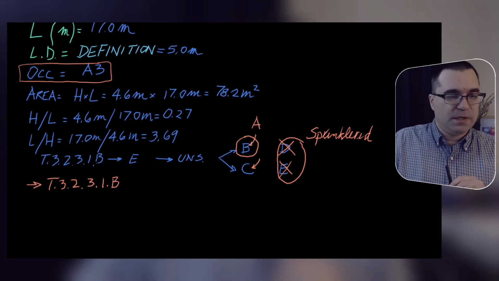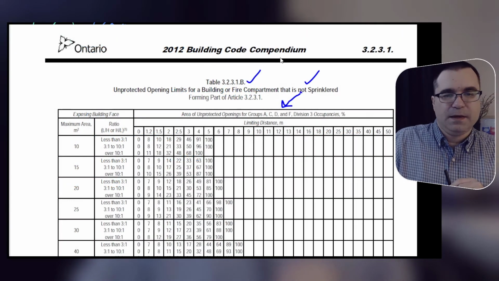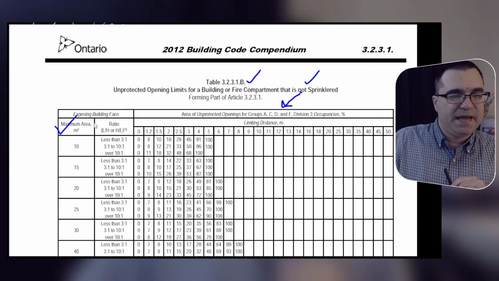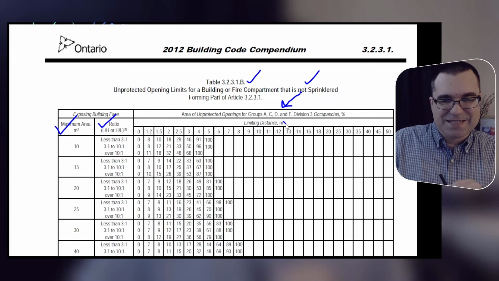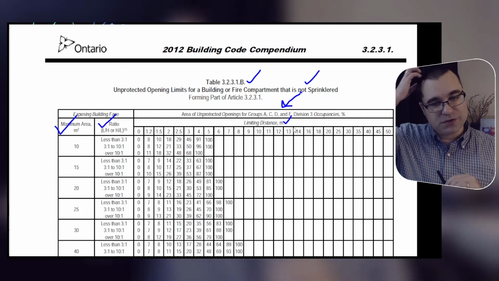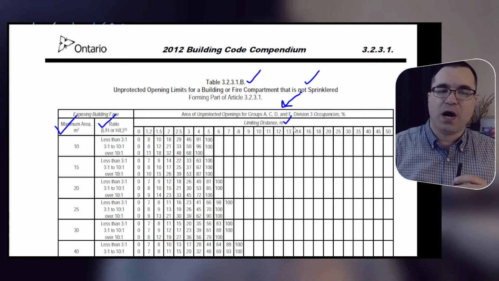Let me bring up that table. You see here how this column calls for maximum area, and this column calls for ratio of L over H and H over L. And this set of rows here calls for limiting distance. Well, that's what we just figured out. I'm going to show you how to use them.